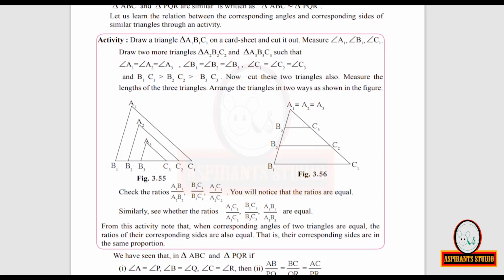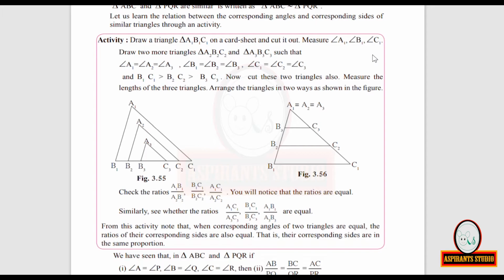Draw a triangle A1, B1, C1 on a card sheet and cut it out. Measure angle A1, angle B1, angle C1. Draw two more triangles, triangle A2, B2, C2 and triangle A3, B3, C3 such that measure of angle A1 is equal to measure of angle A2 is equal to measure of angle A3.